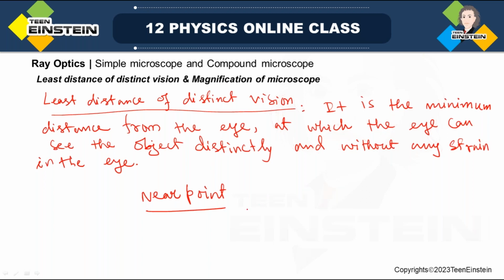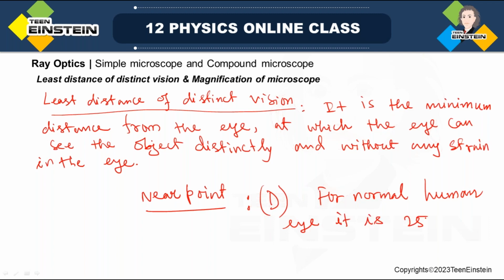Okay, and for a normal eye, it is actually denoted by D. Near point is denoted by D, or least distance of distinct vision is denoted by capital D. For normal human eye, it is some 25 centimeter. Obviously, it can vary person to person, but in general, it is 25 centimeter.